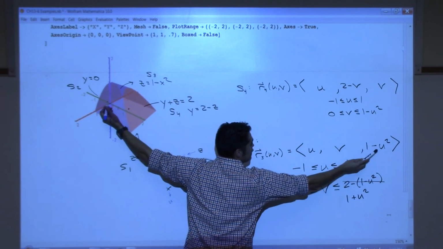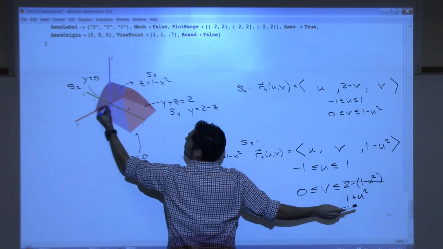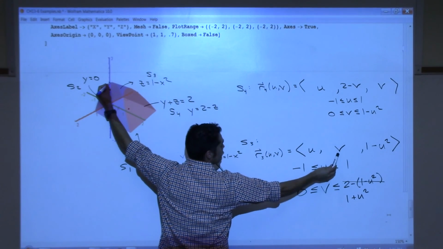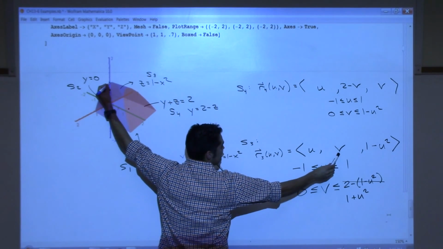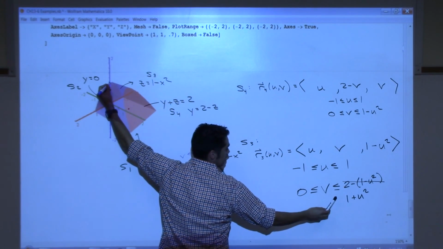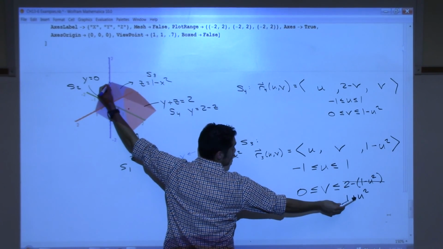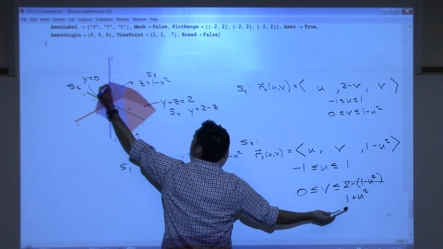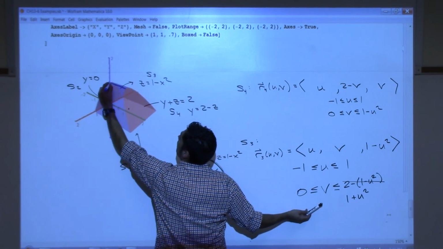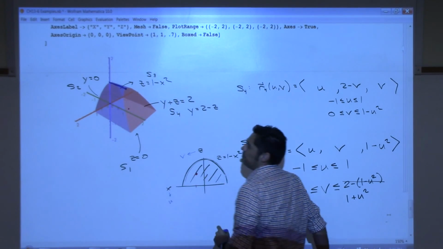If u is 0, what's my z? 1. So I go up to 1 on my z. Now, what is my y coordinate going to do? It's going to be v, and v is going to be between 0 and 1 plus u squared. But u was 0, so it's between 0 and 1. There we go. It's going to draw me all those points.